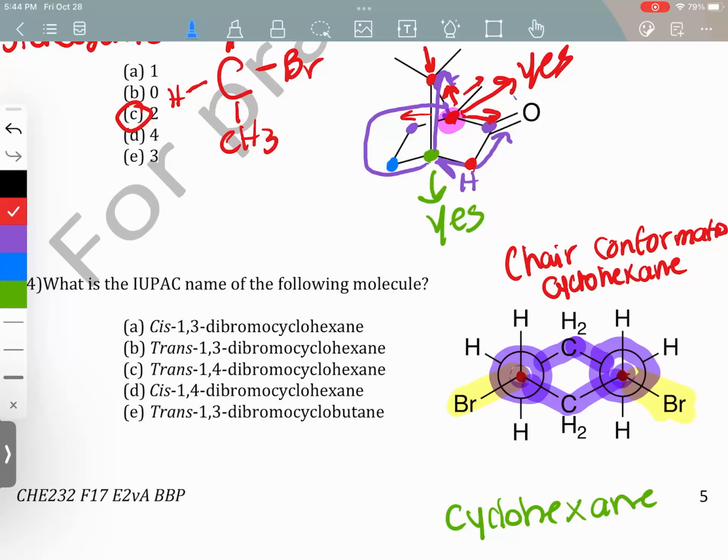Anywhere you start from any of the carbons with the bromines, it doesn't matter because it'll be 1, 3 all the time. So you can do it left or right. So this carbon in the front here will be 1. Then this one is 2. This one is 3. The big one in the back of this one is 4. This one's 5. And the big one back here is 6.